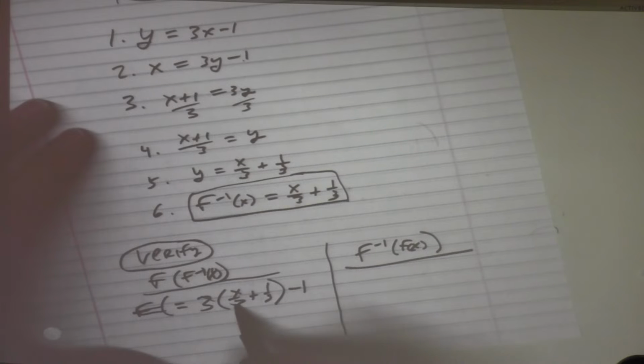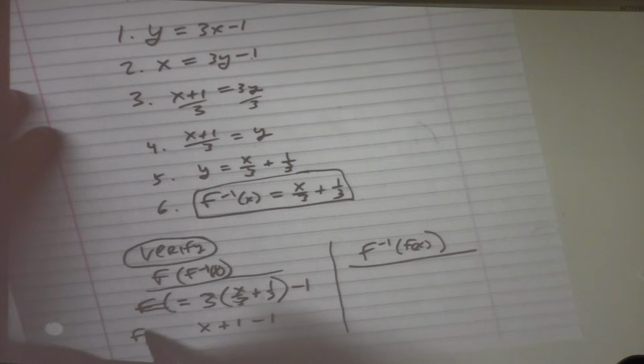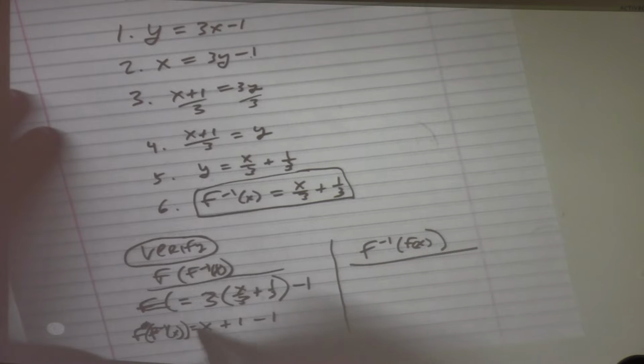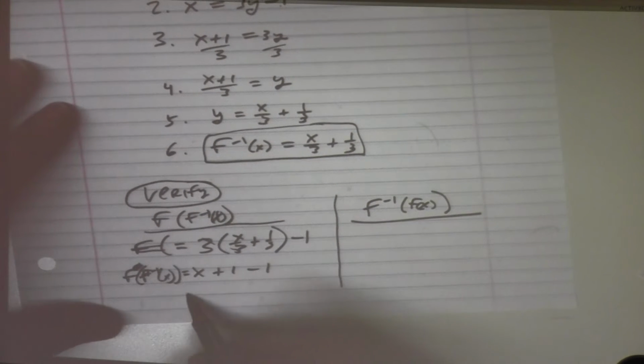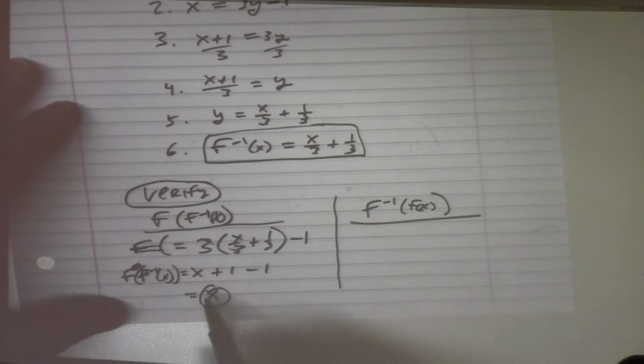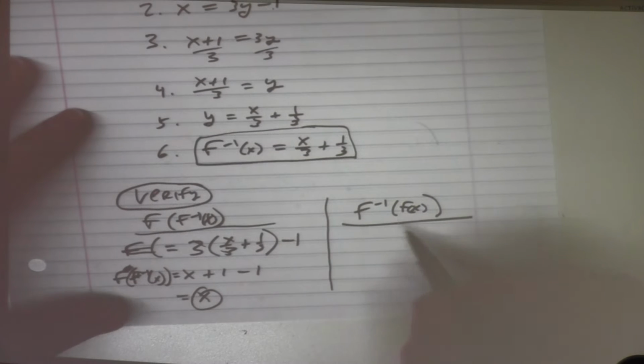So what I get is the 3 cancels out, and the minus 1 becomes plus 1 and minus 1. So f⁻¹(x) equals that, and what we get is just x by itself. If we get x by itself in both of these, that verifies that this is an inverse function.